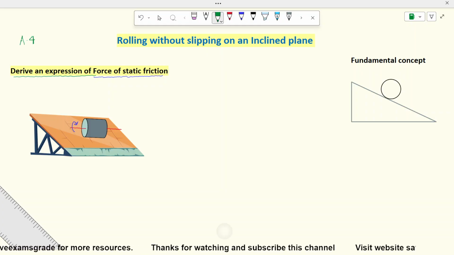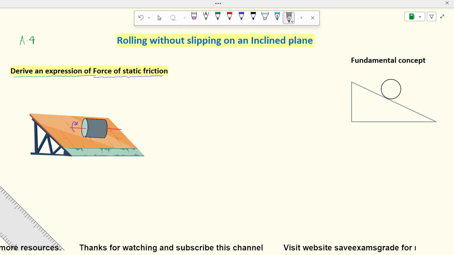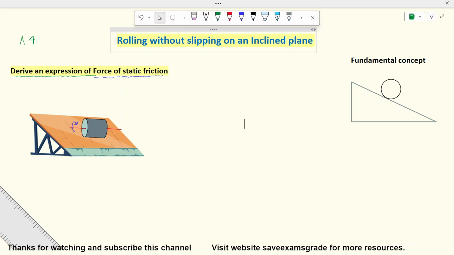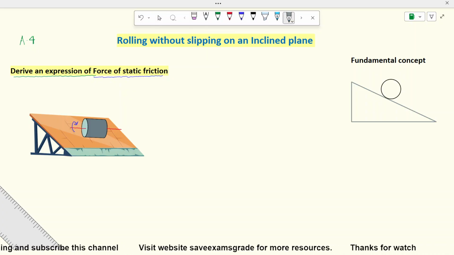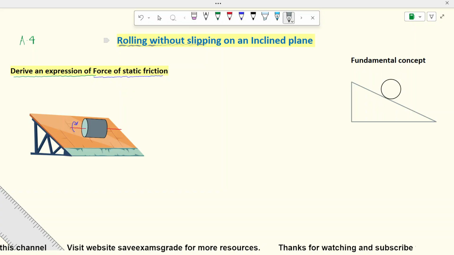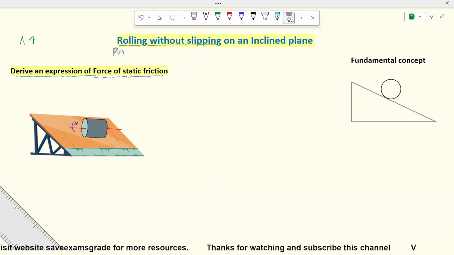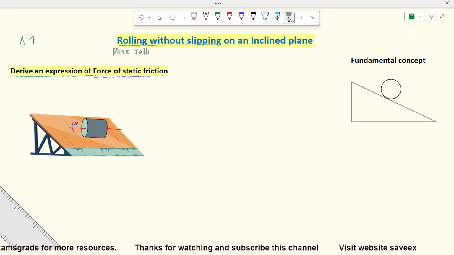So why do we call it rolling without slipping? First of all, let me define what rolling without slipping means. Actually, it means pure rolling motion.